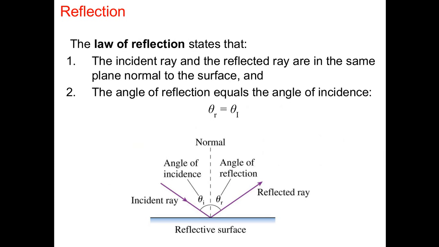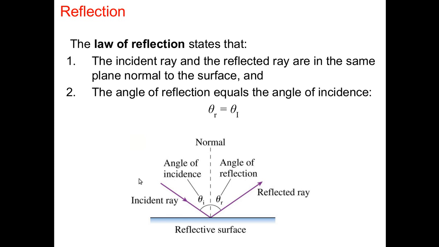So the first thing we're going to talk about is reflection. We got a really nice formula, really easy one to use. The law of reflection says that if an incident ray strikes a reflective surface at an incident angle, theta I, the angle of reflection is going to be equal to that incident angle.